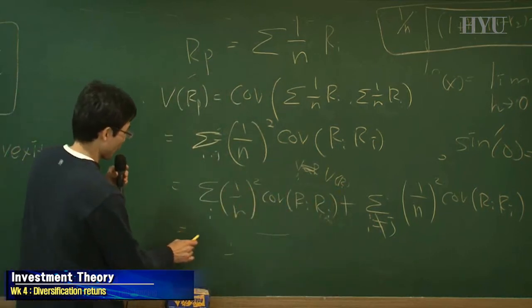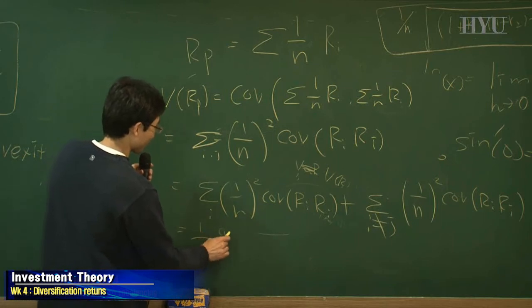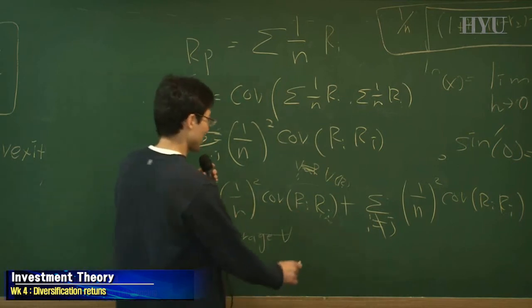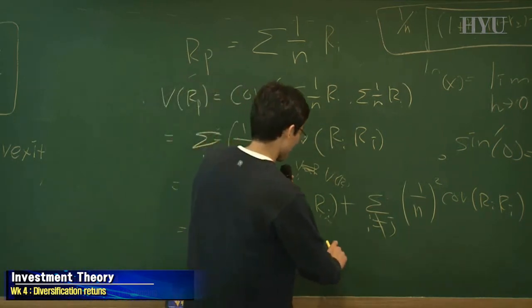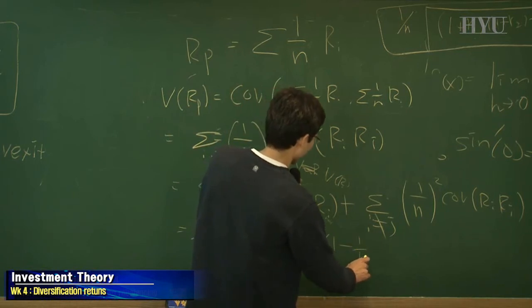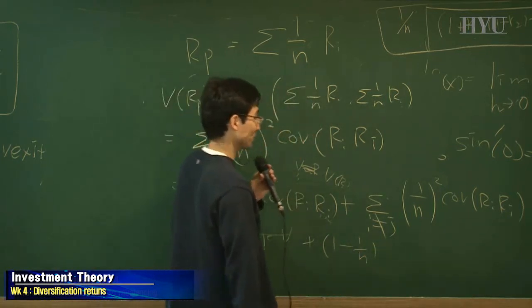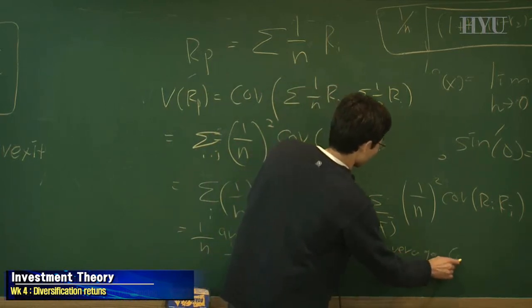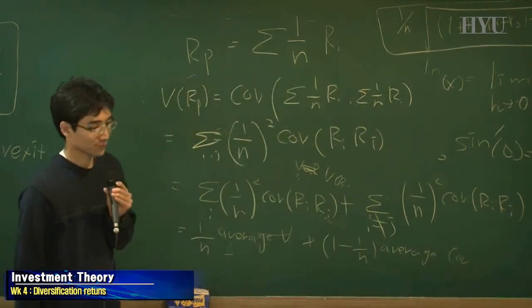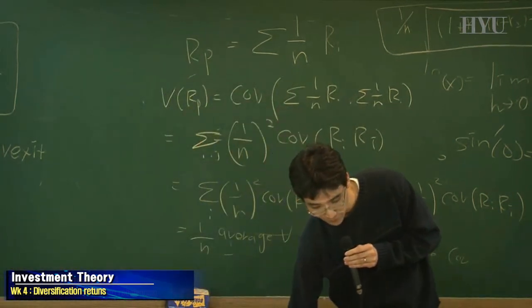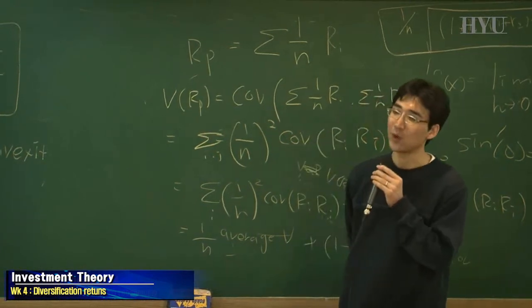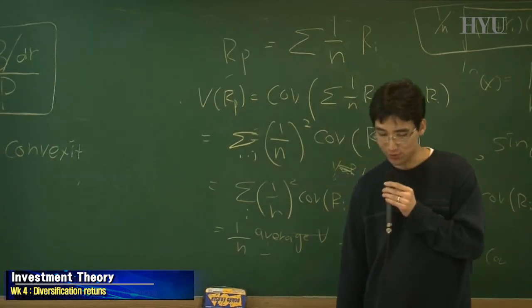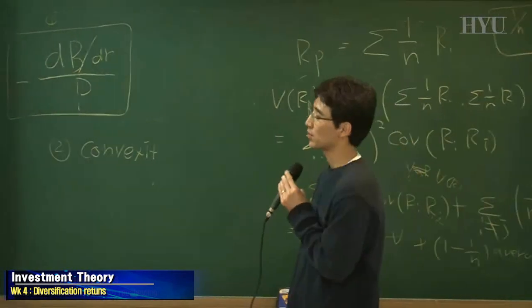So basically it is 1 over n of average variance, plus this part, which is 1 minus 1 over n, of average covariance. And we can rewrite this average covariance as average variance times average correlation, since covariance is simply correlation multiplied by variance.